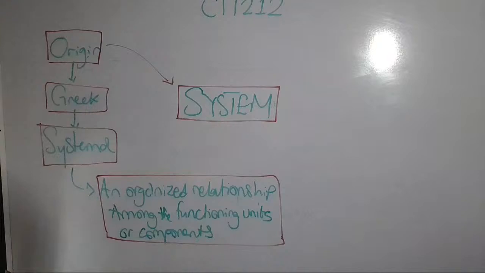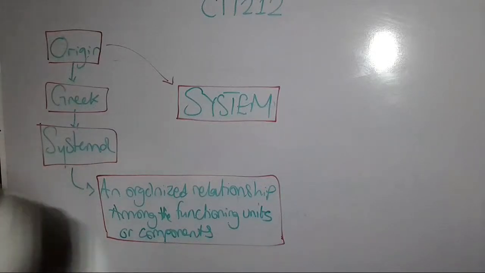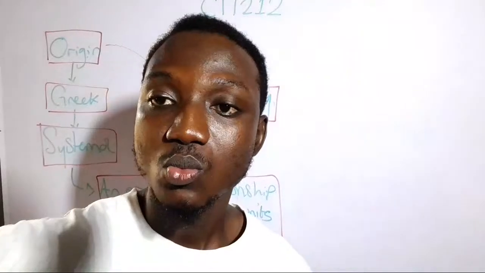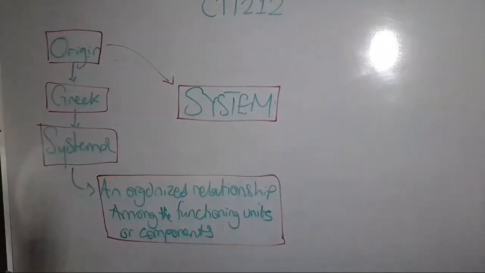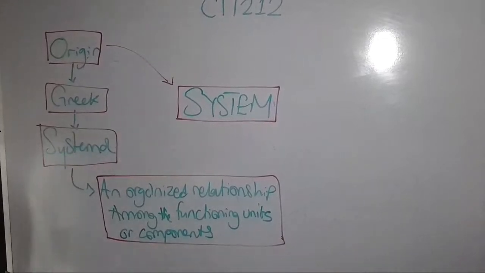So when we say a business system, similar to what we are discussing, a business system or business systems are the means by which business organizations achieve their predetermined goals, the means through which the organization achieves the predetermined goals that we are talking about.